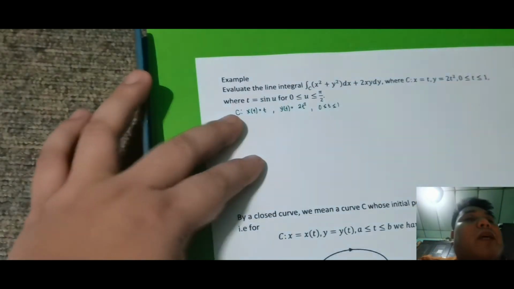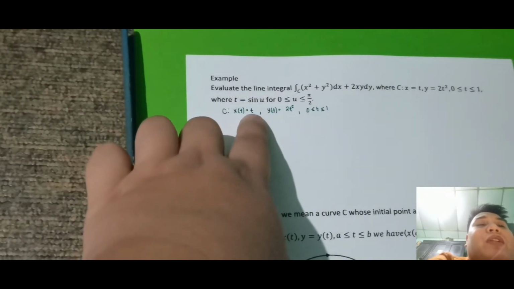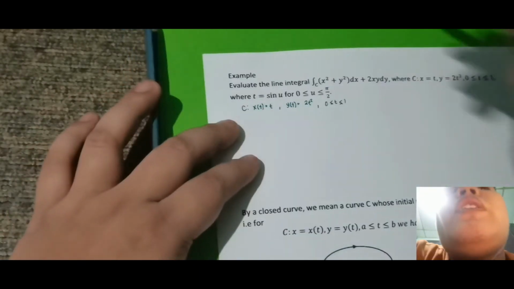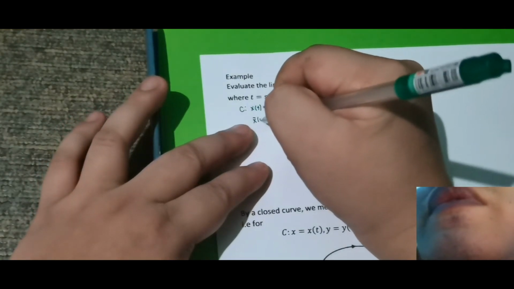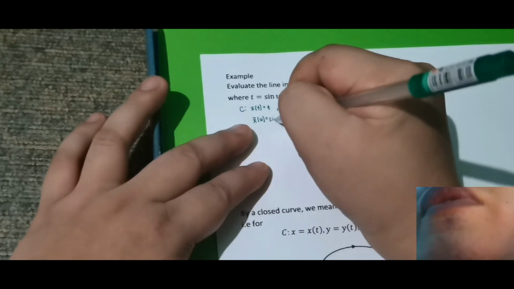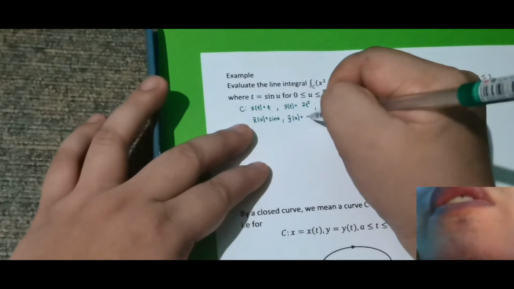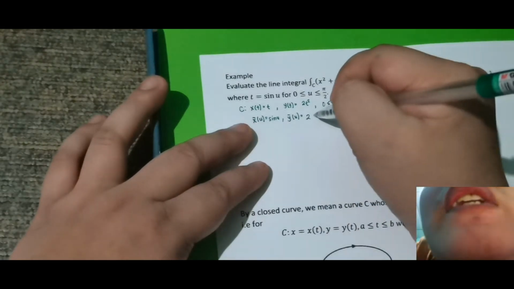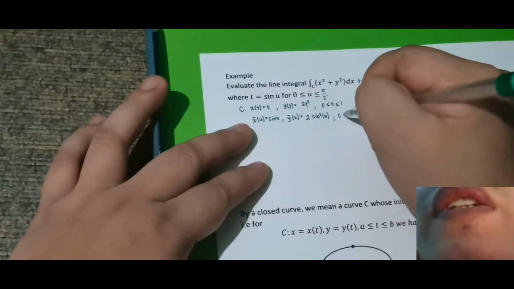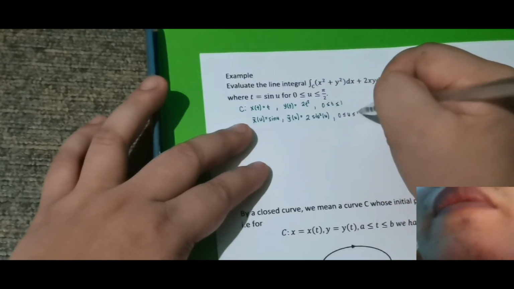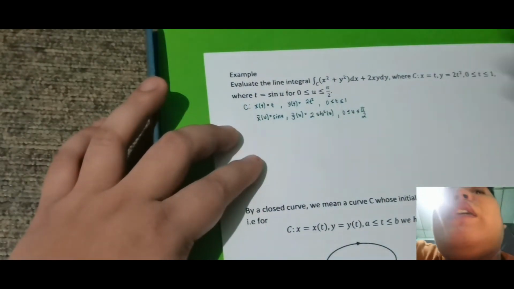So since nagkaroon ng bagong parameterization, where t is equal to sine u, ano ibig sabihin? Papalitan ko lang yung t ng sine u. So this is just x bar of u equal sa sine u, comma, y bar of u is just equal sa 2 sine squared of u, where 0 is less than or equal to u less than or equal to pi over 2. So ngayon, ito yung bagong parameterization niya.